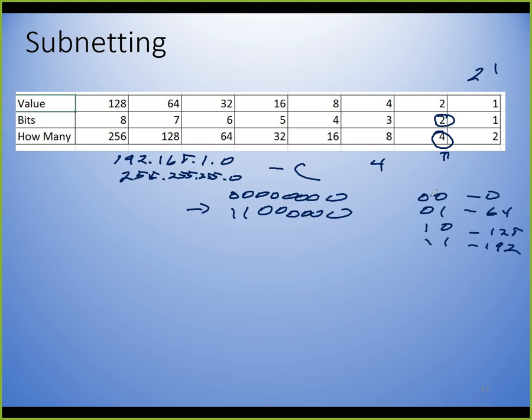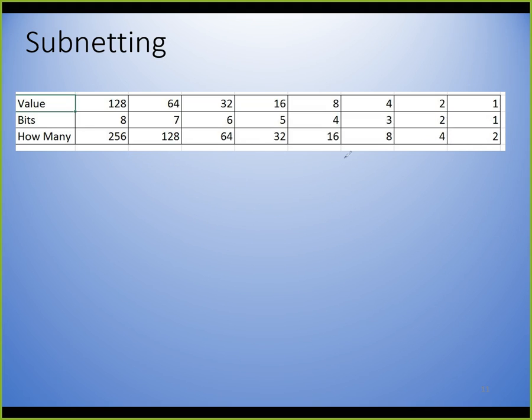A quicker way, I think, to do it: they tell us that we need 4 networks. How many bits? 2 bits. I started with 8 bits and used 2 for the network, so I subtract 2. That leaves me 6 bits.